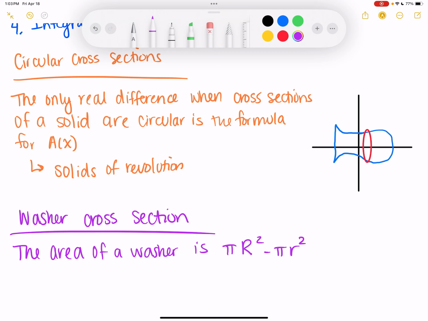Or we could factor this out and do pi times big R squared minus little r squared. And I always like to point out, which I know y'all are aware of, but a common error is that people try to write pi times big R minus little r, squared. So they try to square the whole thing, but we have to square each piece individually first.